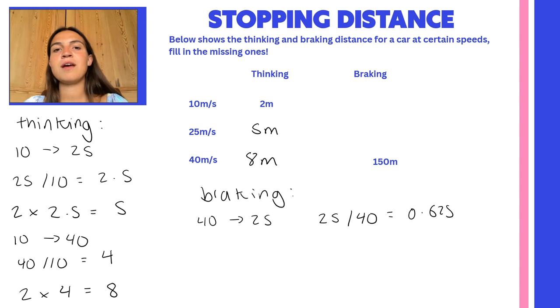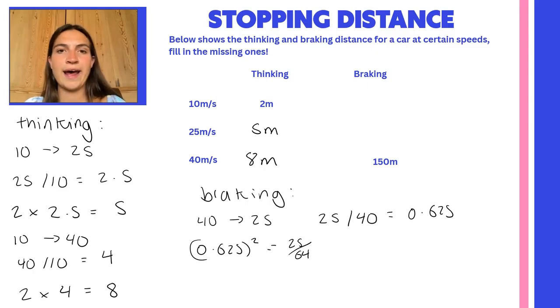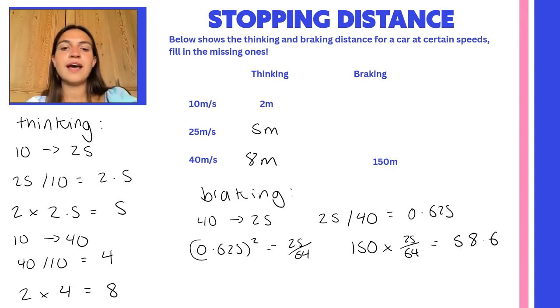This time, instead of just multiplying 150 by that factor, I first need to square my factor. Okay, I'll talk about in a second why you square it. So square the factor, then multiply your original distance, 150, by that factor to get 58.6.